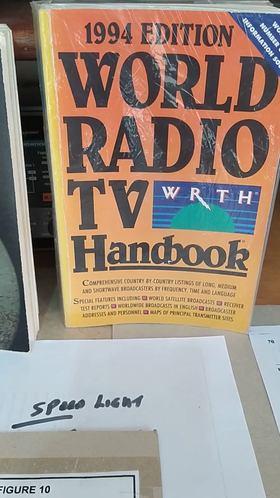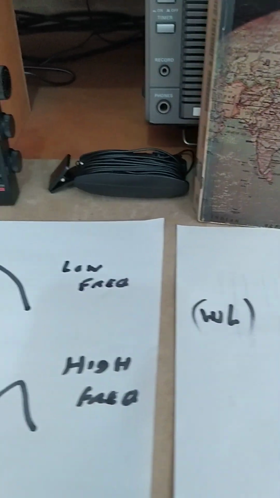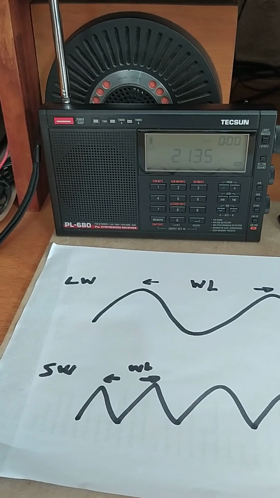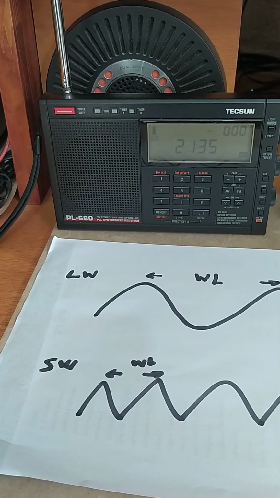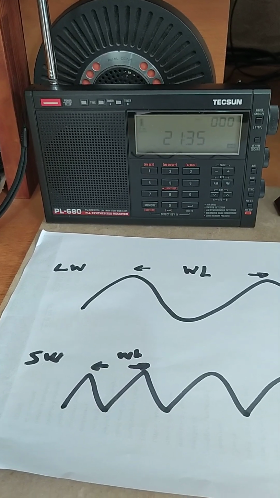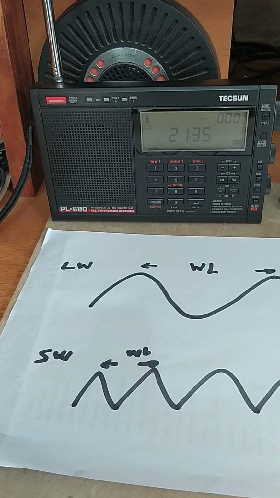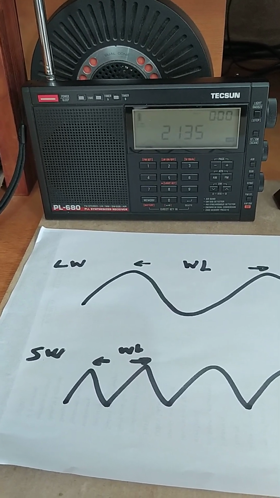There are also other fairly useful online guides that can help you to identify a station. If you're listening to something, you hear something on a particular frequency, you want to know what it is, it's in a foreign language, you can plug it in and it'll come up with it. I can't think of the exact name, I'll put it down in my link down below.